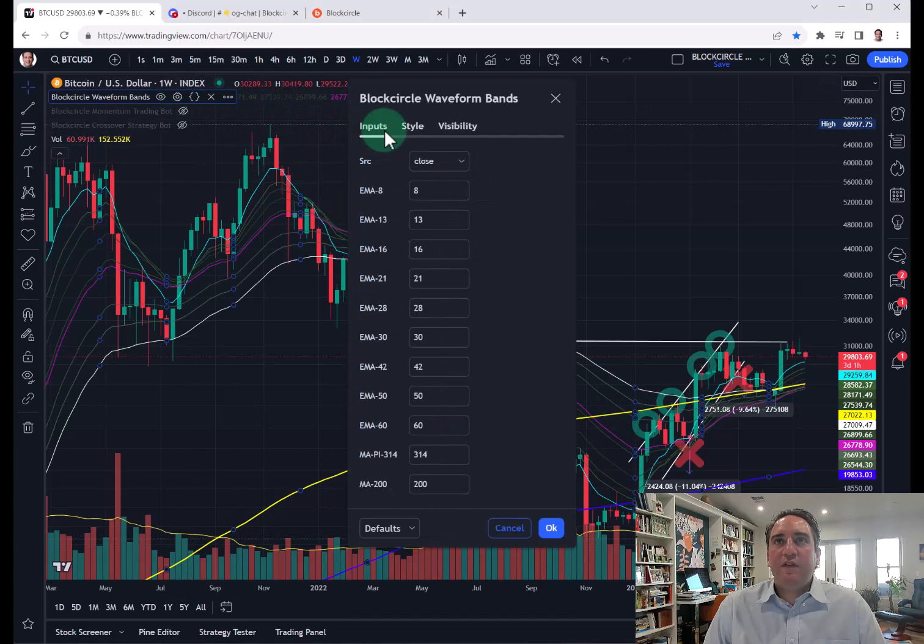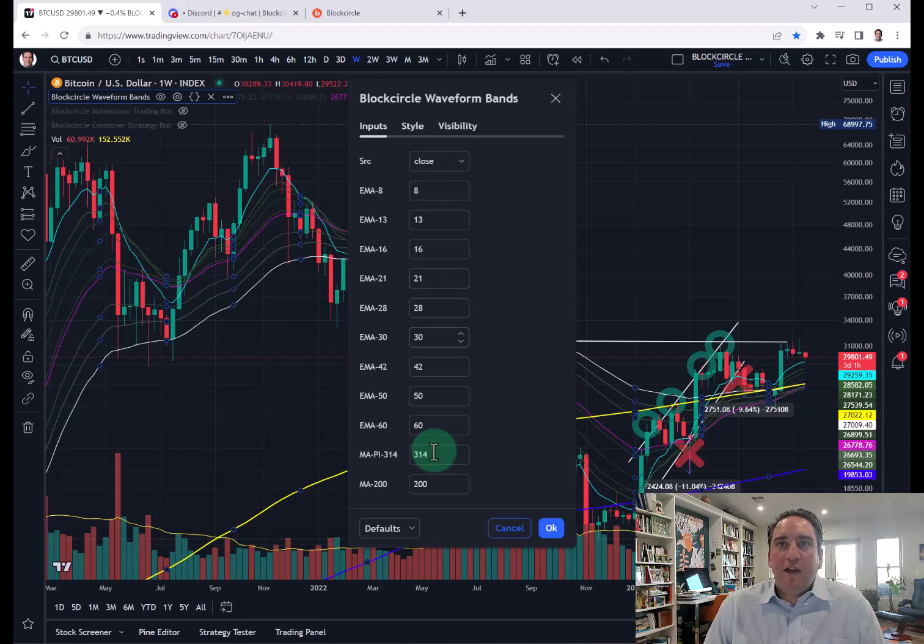So you can change everything you want on the inputs. In simple terms, most of them are exponential moving averages, and then we have 2 simple moving averages. I've received a few questions on what the differences are. So the simple moving average formula is straightforward. It's taking the total cumulative price point of each individual time period, in this particular case 1 week, and dividing it by the number of time periods, right?